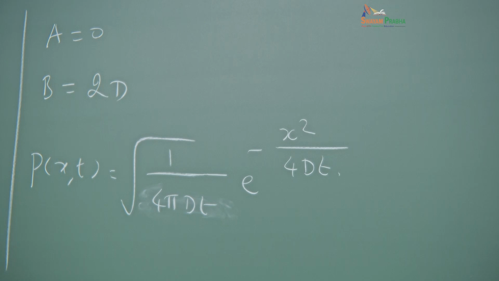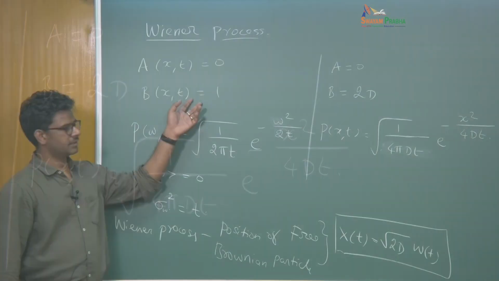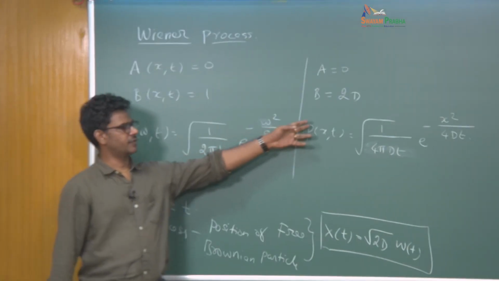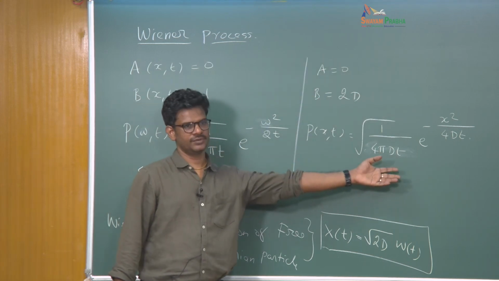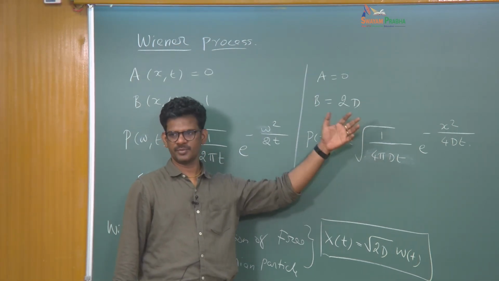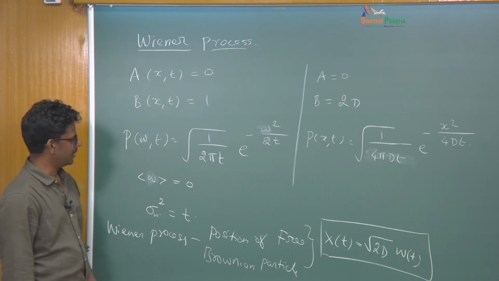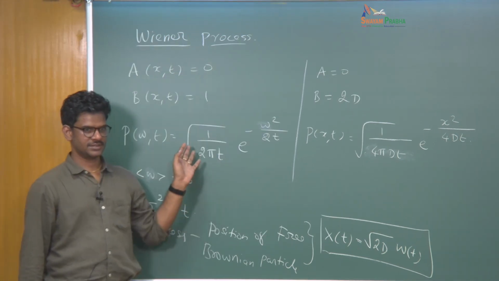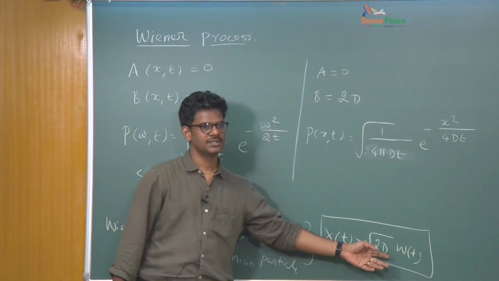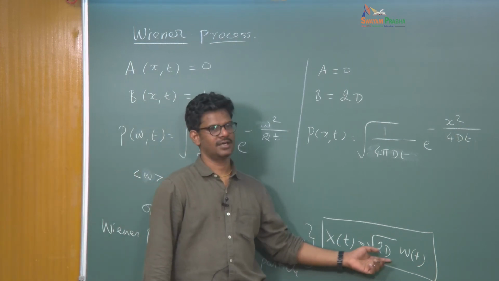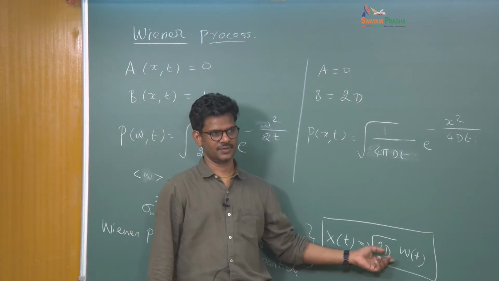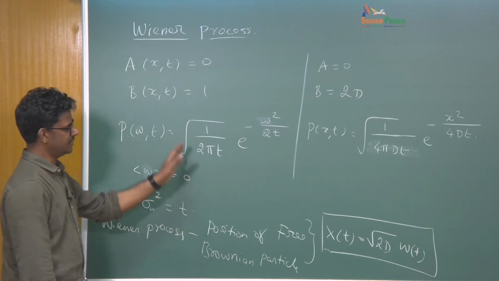Okay, so this is for b equal to 1, this is for b equal to 2D. So this kind of gives you directly the free Brownian particle's position. And this Wiener process can also be used by properly scaling the variance. Okay, so we have seen these things in the last class.